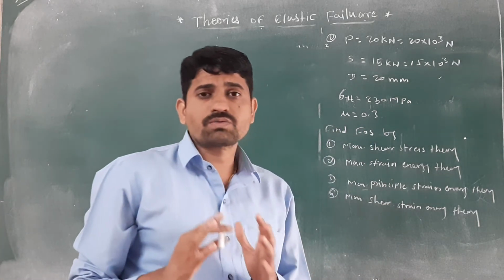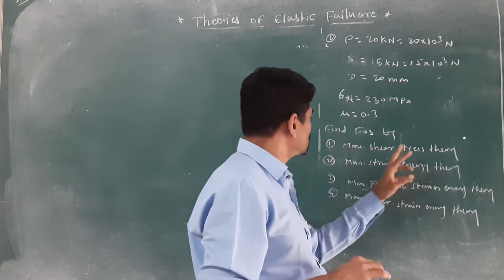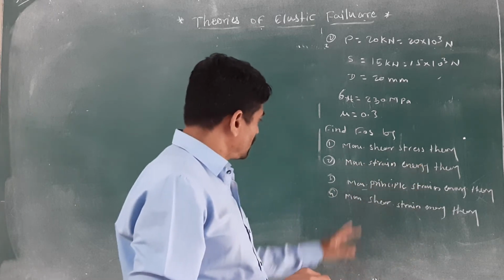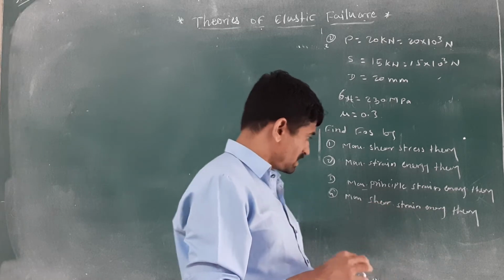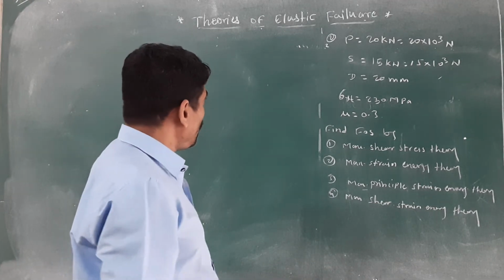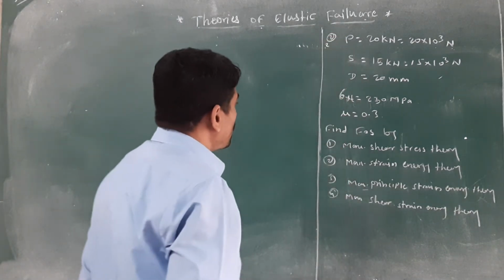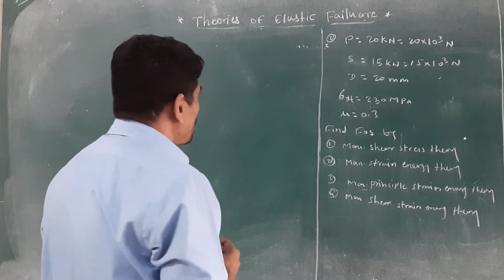Then we want to determine the factor of safety by the maximum shear stress theory, then the maximum strain energy theory, then the maximum principal strain energy theory, and the maximum shear strain energy theory. We want to apply these four theories to find the factor of safety. How to find that?